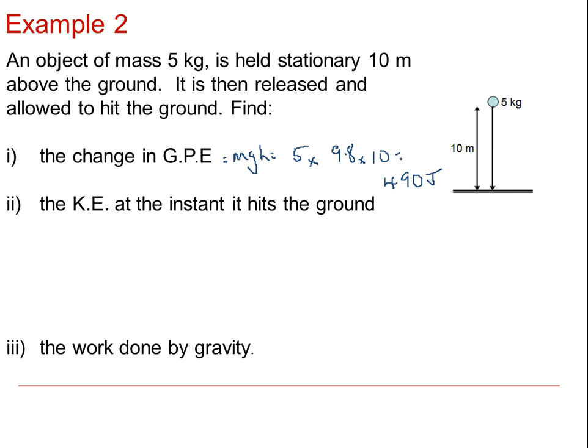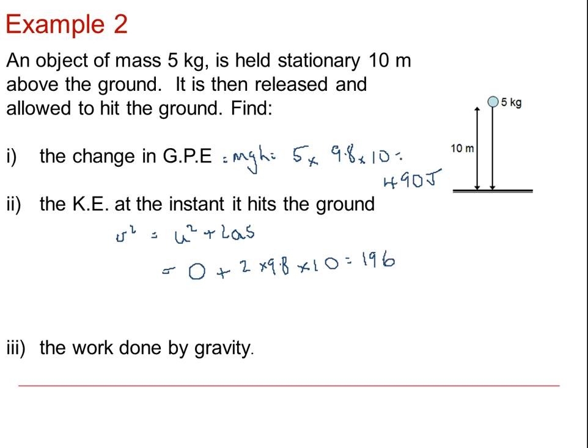We can use equations of motion, so v squared is equal to u squared plus 2as, but we know that u is 0, therefore we've got 2 multiplied by 9.8 multiplied by 10, which is 196.